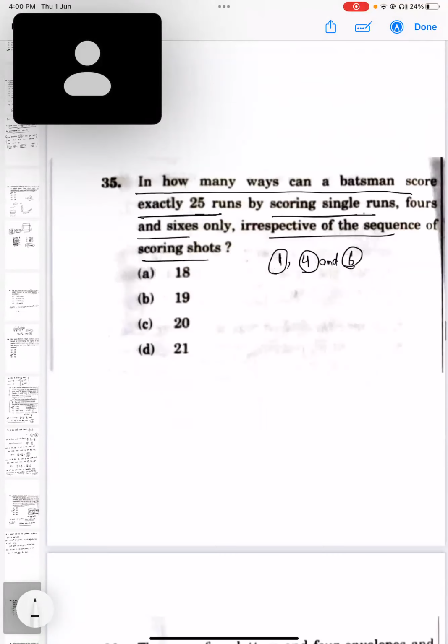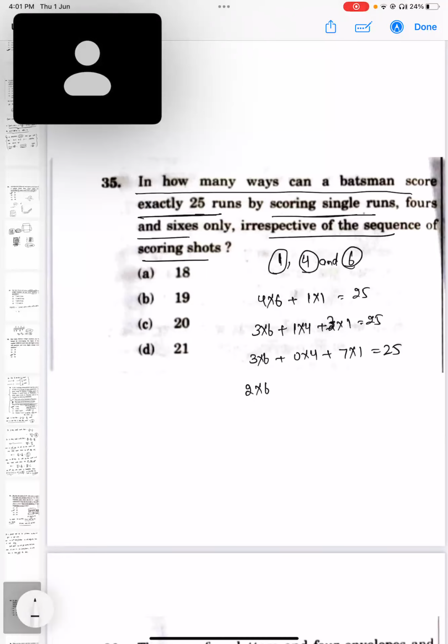How is it possible? 4 sixes plus 1 single, 25, right? Or 3 sixes plus 1 four plus 2 singles, 25. 3 sixes plus 0 fours plus 7 ones, again 25.